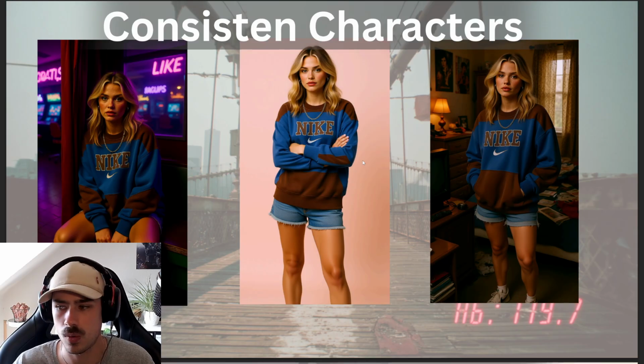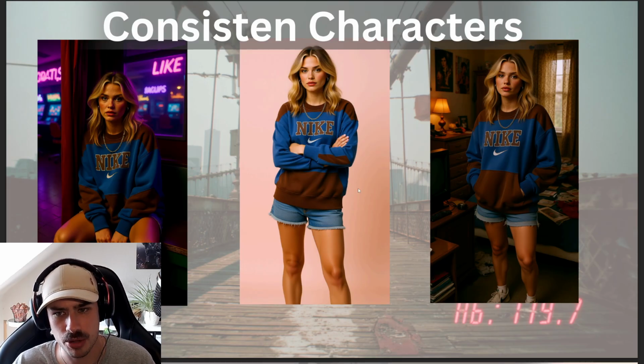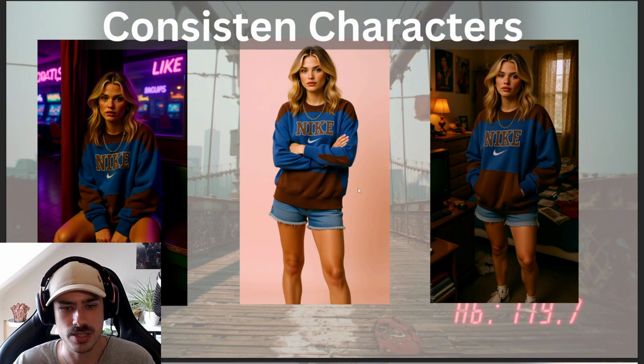We run this on our own hardware, and you can make these characters, or your own character, with just one image. In my opinion, this method is the best method at the moment to get really one-to-one characters through various scenes.